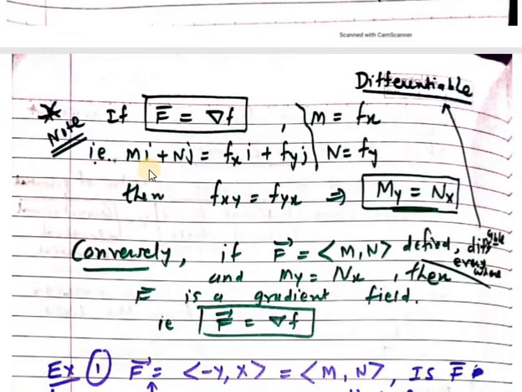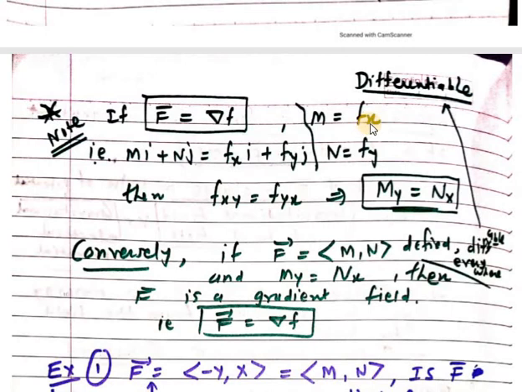When we talk about two dimensions, F bar is equal to grad f. So I assume the vector field F bar is equal to Mi plus Nj. Grad f can be written as f sub x i plus f sub y j. When we compare corresponding components, we get M is equal to f_x, N is equal to f_y. If we take the partial derivative with respect to y, we get f_xy, which is M_y. If we take the partial derivative with respect to x, we get f_yx, which is N_x.